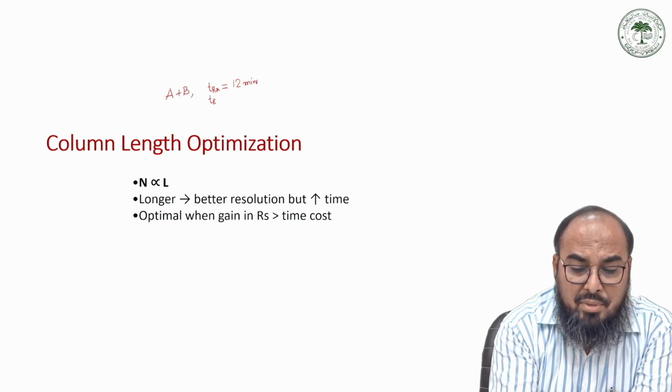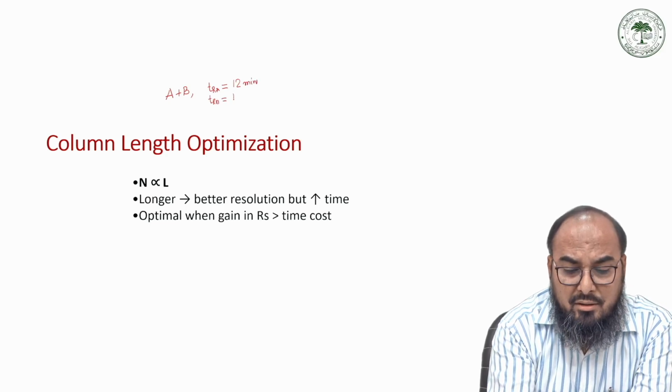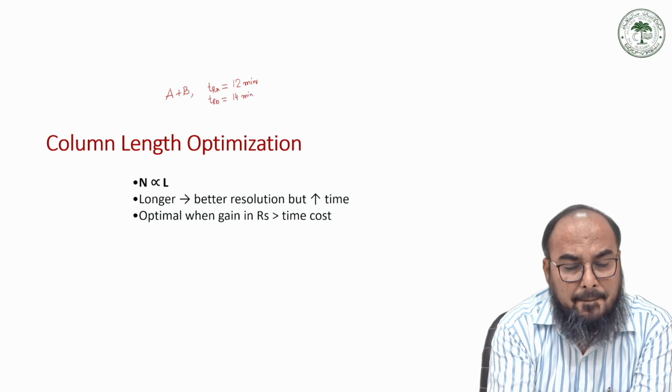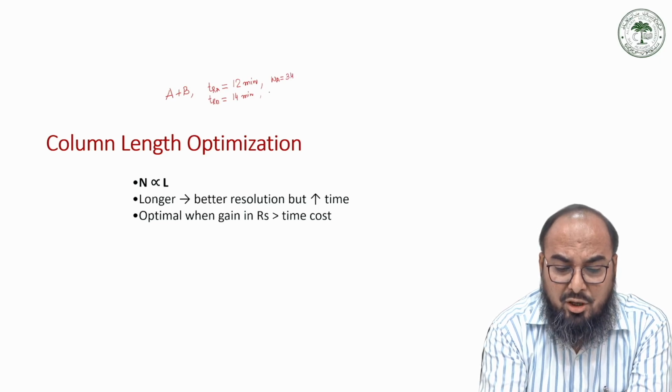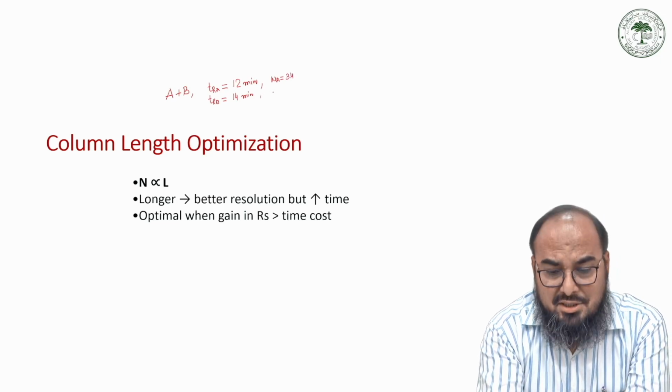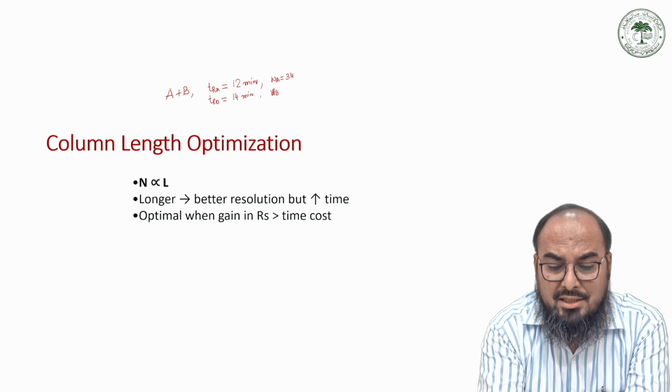Similarly, tRB comes out to be 14 minutes. You can take WA as 3.4, and the width of the second peak, WB, let it be 3.6 centimeter.